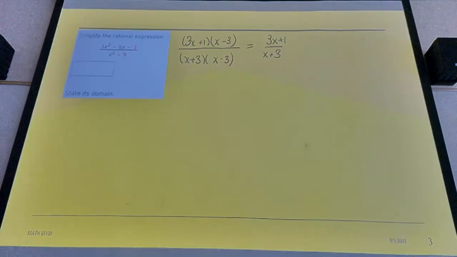What about when x is 3? Left side's undefined, right? What about the right-hand side? It's what, 10 over 6? 5/3? 5/3 is not undefined.